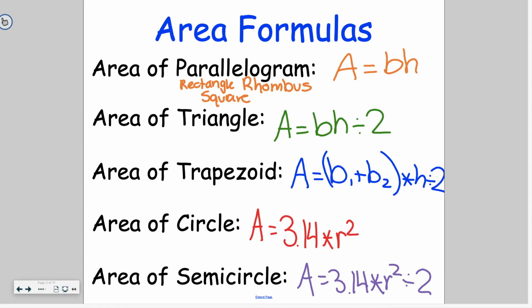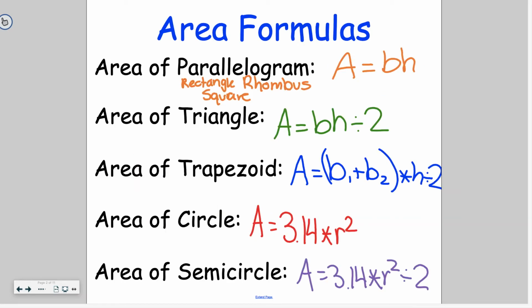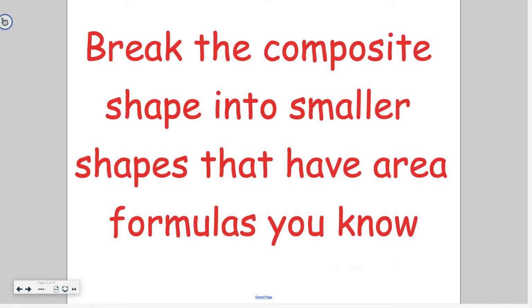Again, you are just putting them together to make new shapes. When you are doing this, you want to break these big figures, so those composite shapes, into the smaller figures that we know the area formulas for. So breaking them into one of these 5 possible shapes.